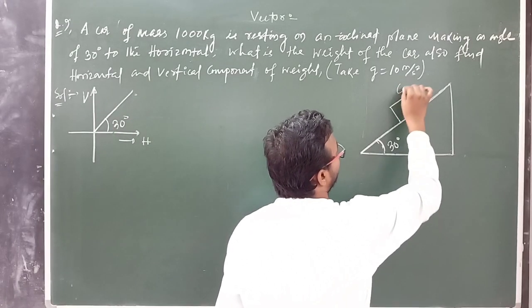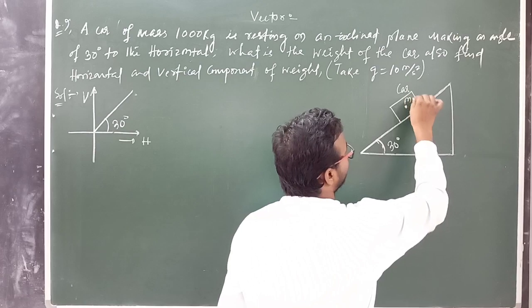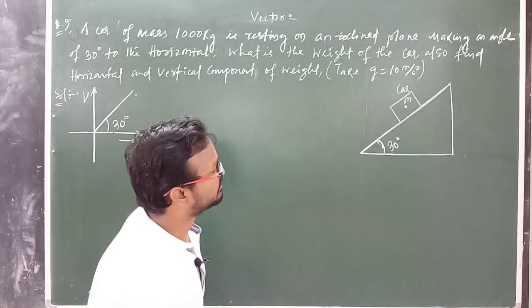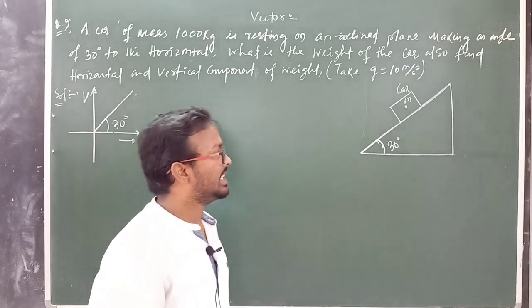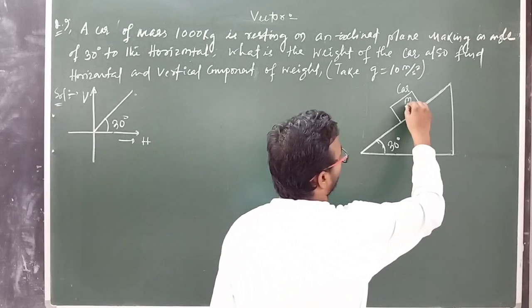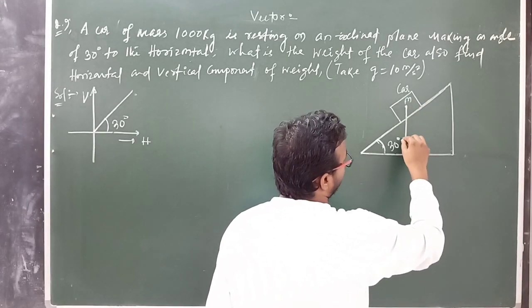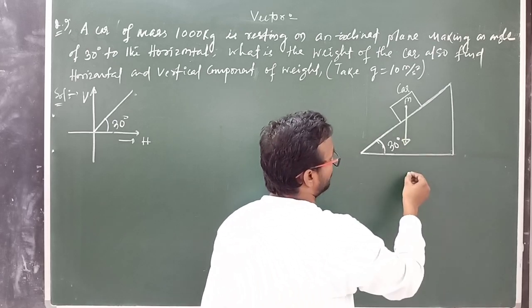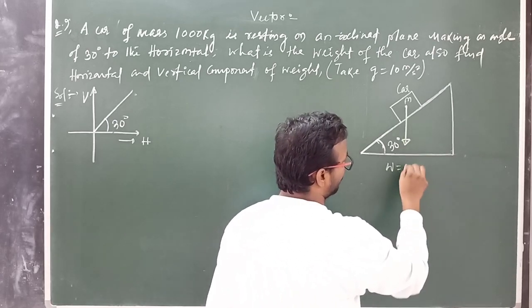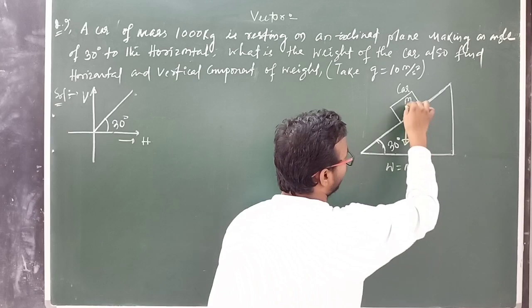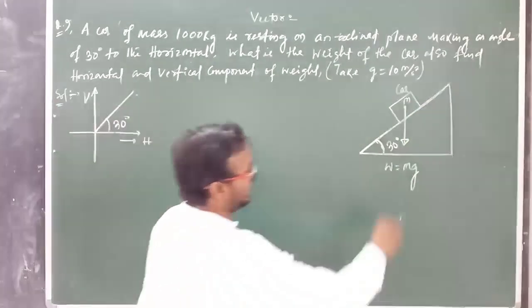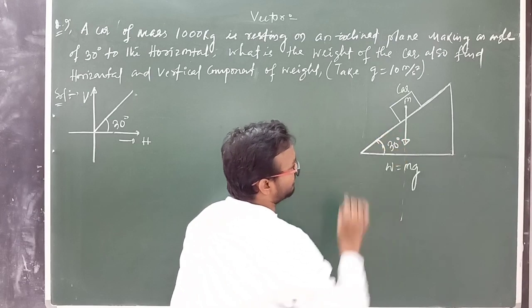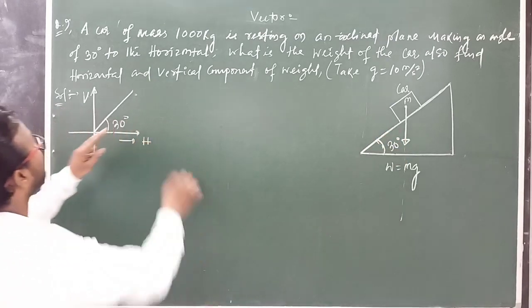Suppose this is the car and its mass is m. Clear? And gravity always acts in the downward direction. So this is the direction of gravity. You already know weight W equals mg, meaning this is the direction of weight mg, and this angle is theta here.